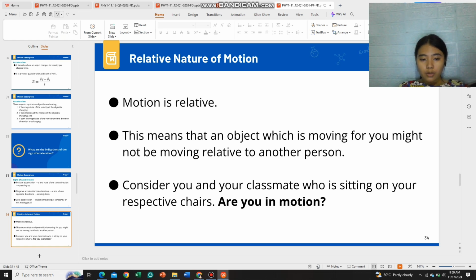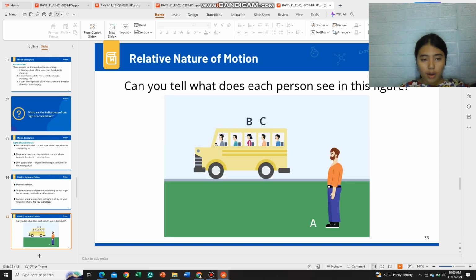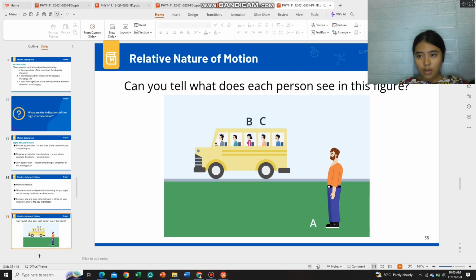Next is motion is relative. This means that an object which is moving for you might not be moving relative to another person. So perspective. Consider you and your classmates who are sitting on your respective chairs. Are you in motion? Naay question, kay naay inyo-inyohang perspective.